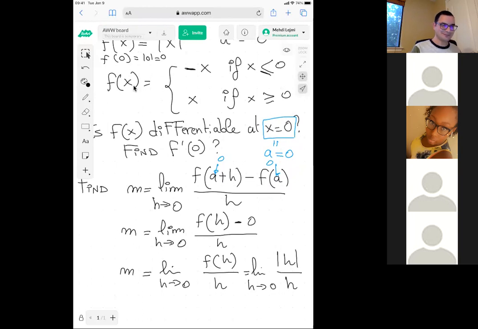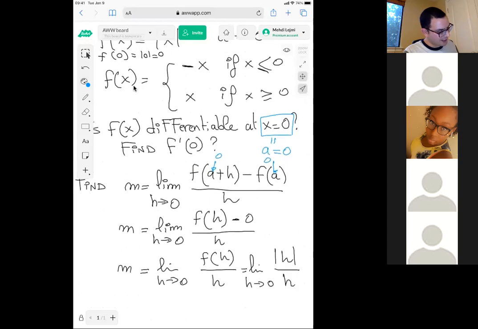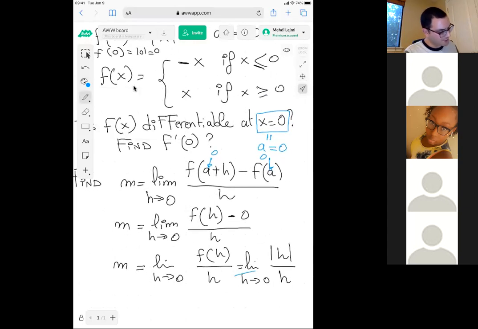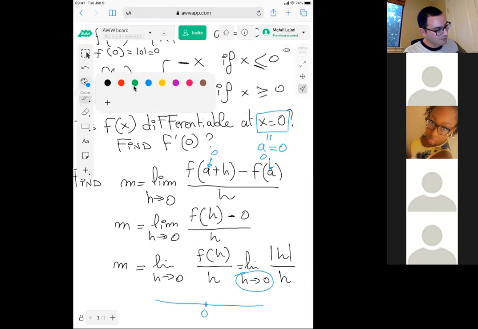The thing is, h is going to 0. So is it positive? Not really. Actually, it's positive and negative. It could be either, because h is approaching 0.